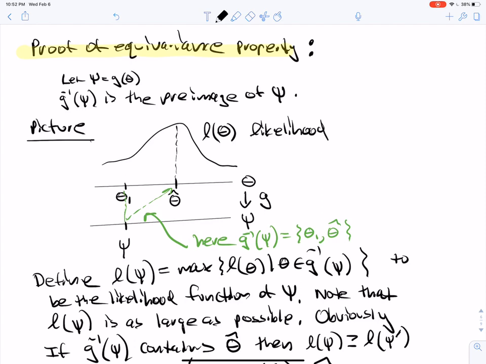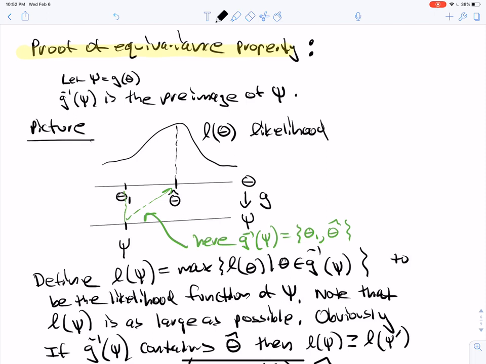So let's call phi G of theta. G is not necessarily one-to-one. So G inverse phi, which I call the preimage of phi, can have several values. It can be a set. So here's a picture.